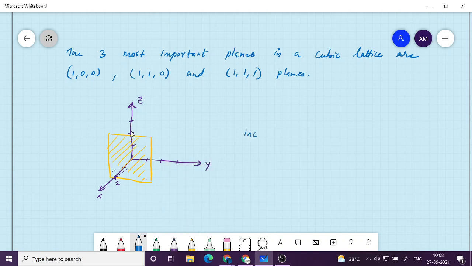So step 1 is to write the intercepts. The x-intercept is 2, then the y-intercept is infinity, and the z-intercept is infinity. Then reciprocal.